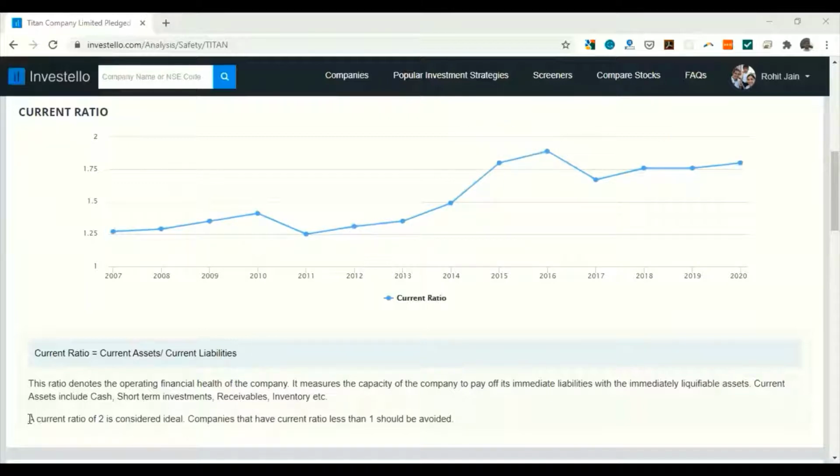As I have mentioned here, a current ratio of 2 is considered ideal, but companies that have a current ratio less than 1 should be avoided. So ideal is 2, but it should be at least 1. As we can see, Titan has kept the current ratio above 1, which is a good thing. What is current ratio? Current ratio is current assets divided by current liabilities.